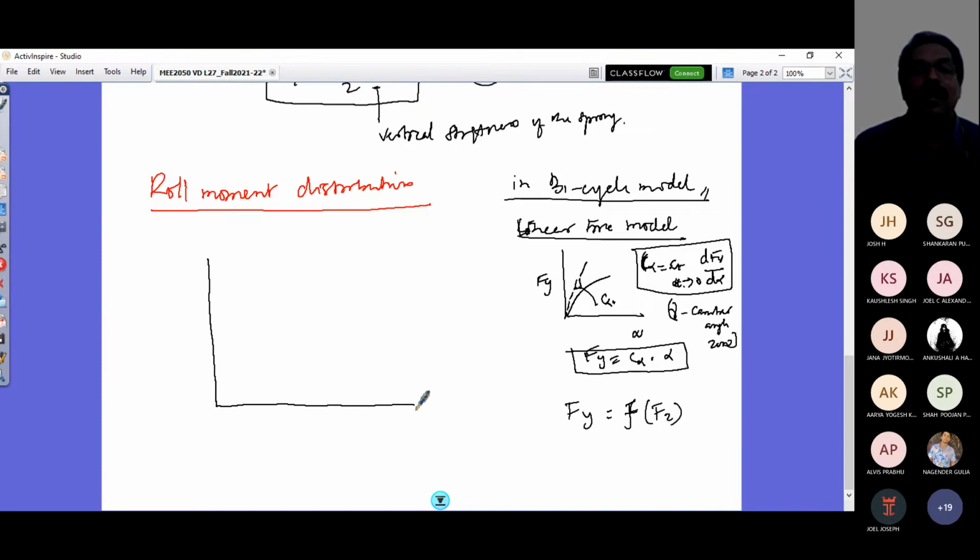If I take Fy on the vertical axis and Fz on the horizontal axis, here it is normal load, whereas in the previous graph it was slip angle. The variation of this Fy is not linear. It is going to be non-linear, something like this. It will vary that way.